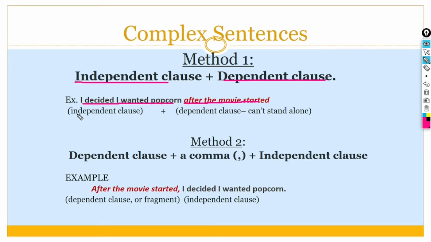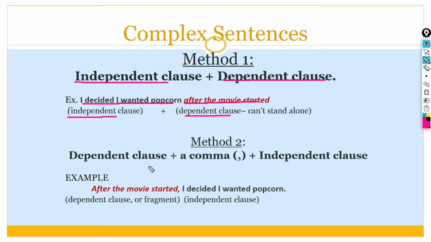Here, I decided I wanted popcorn is the independent clause, whereas after the movie started is the dependent clause. And as you know, the dependent clause cannot stand alone, because when we use the subordinate conjunction, it is a fragment.